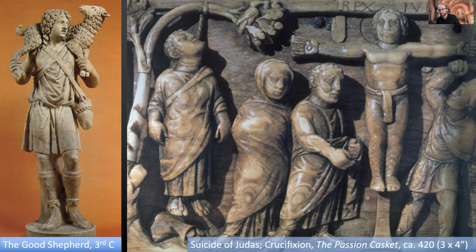Why would that be? Well, remember, if you're trying to convert Roman polytheists, the gods that the Roman polytheists have are Jupiter, thrower of thunderbolts, the god that is the sun and the god that is the sea, Neptune, right? These powerful, fearsome forces.